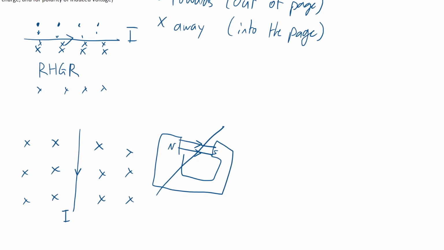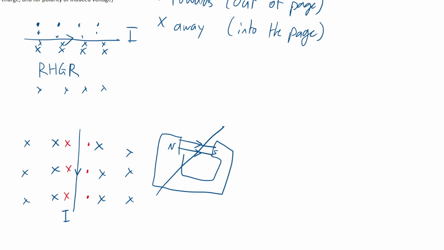On the left hand side of the wire, our fingers go into the page, with crosses. It goes back behind the wire. On the right hand side, it comes out of the page. So in red is the magnetic field produced by the wire. In blue is the external magnetic field, for example, from a horseshoe magnet.